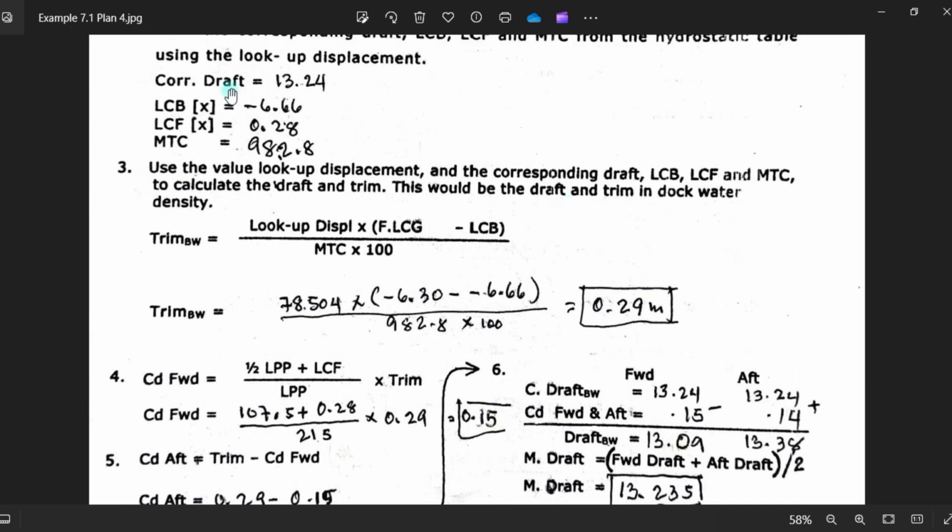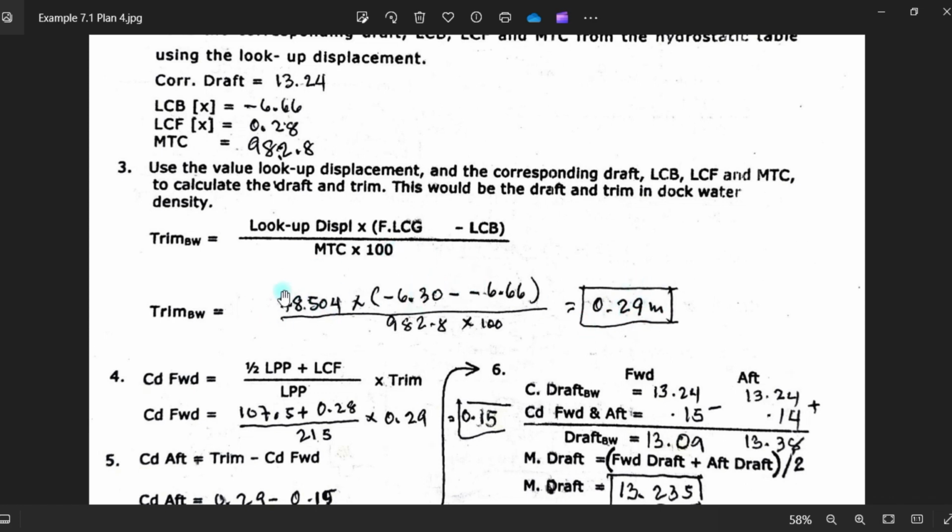LCB is negative 6.66 over MTC of 982.8 times 100. Okay, and the resultant, your trim would be 0.29 meters.